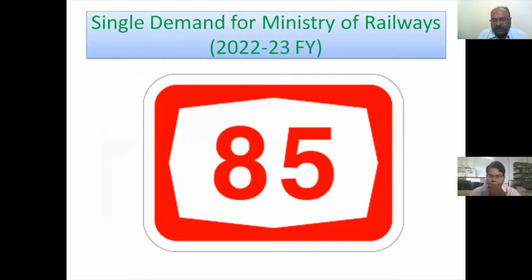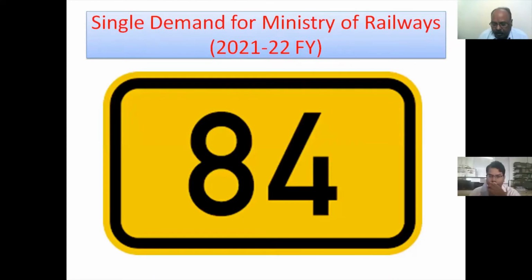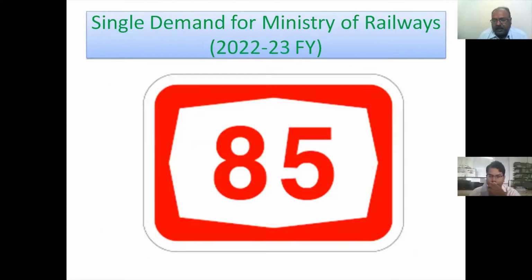Both these numbers are very important from the examination point of view. Please remember, 2021-22 is 84, and 2022-23, the next financial year, from April 1st, 2022 to 31st March 2023, is 85. Both these numbers, please remember.